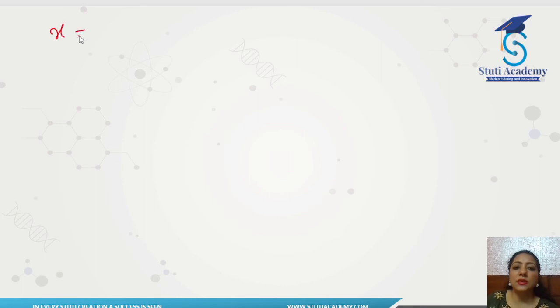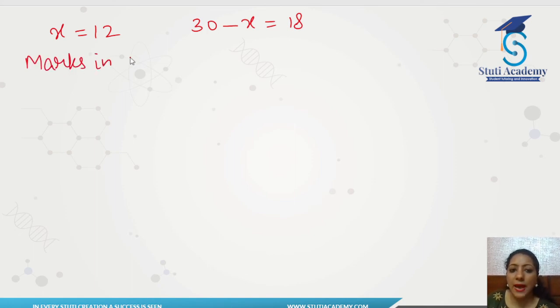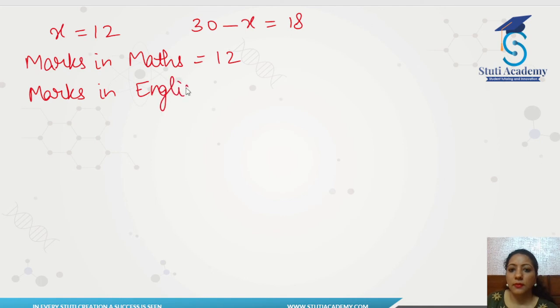So if we have x is equal to 12, then 30 minus x will give us 18. That means marks in maths, in the first case, we are going to get 12, and marks in English, we will get 30 minus 12, that is 18.